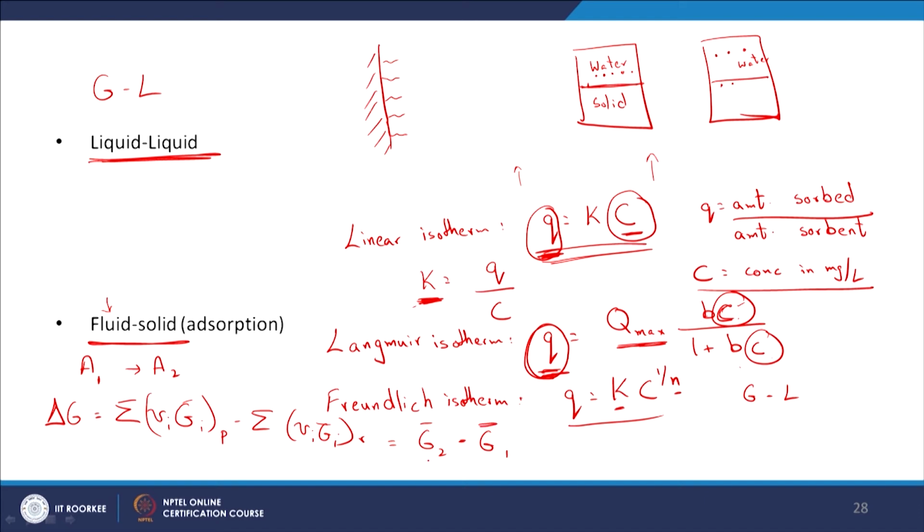That is the molar Gibbs energy of the compound in phase 2 minus the molar Gibbs energy of the compound in phase 1. So, at equilibrium, delta G equal to 0, meaning G1 bar is equal to G2 bar. The molar Gibbs energy of the particular compound in both the phases will be the same when the system is at equilibrium. This is how you link it to what we have been talking about in the previous classes.